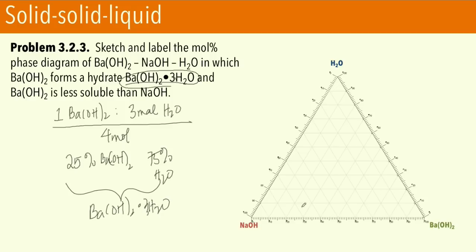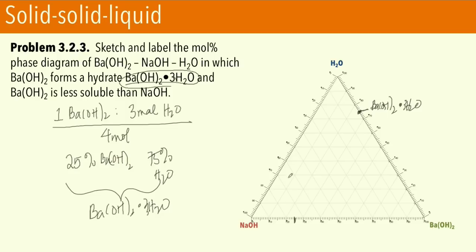Let's look for that over here: 25% barium hydroxide and 75% water. 75% water is all the way over here. This represents the point of our barium hydroxide hydrate.